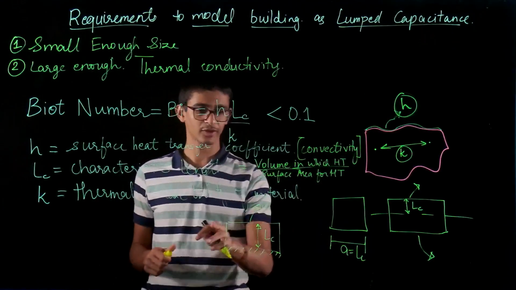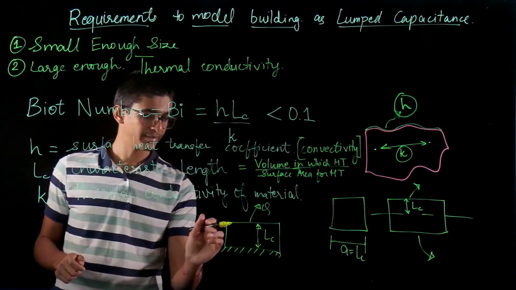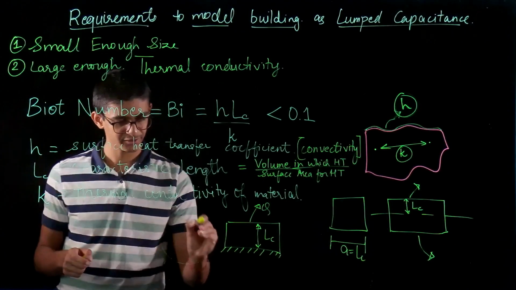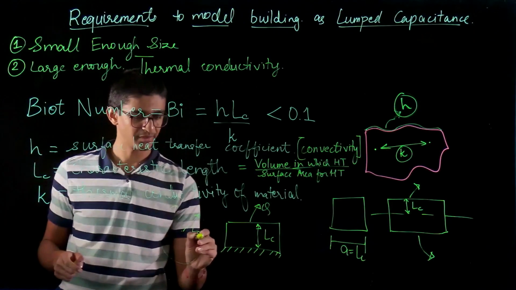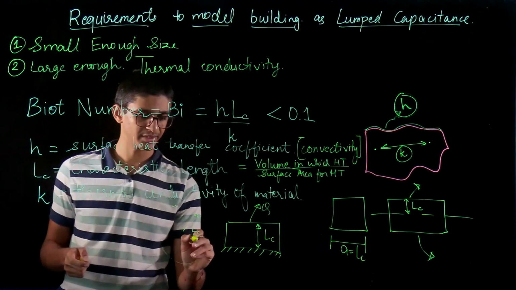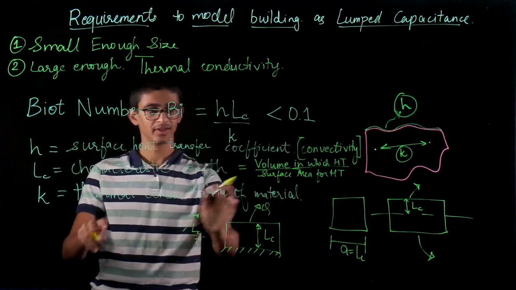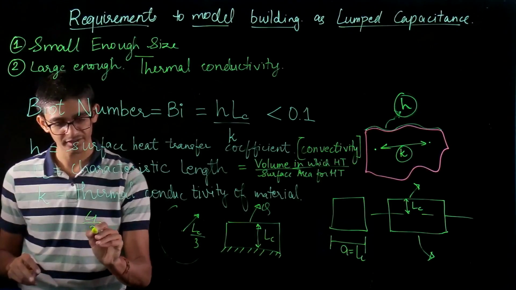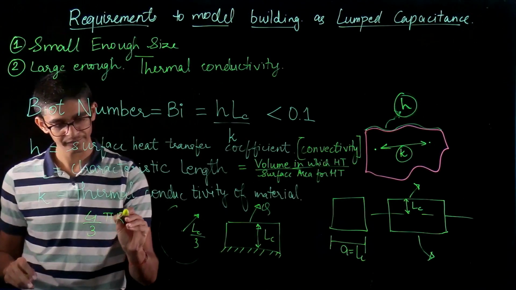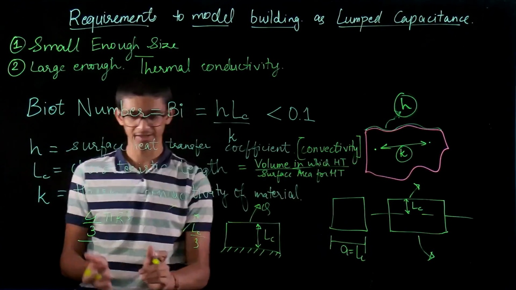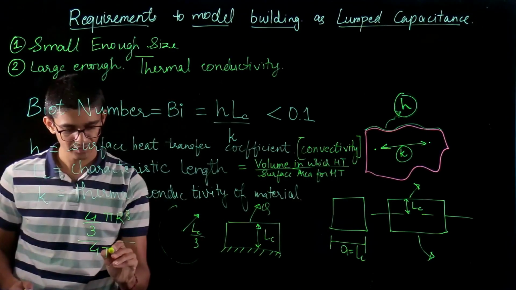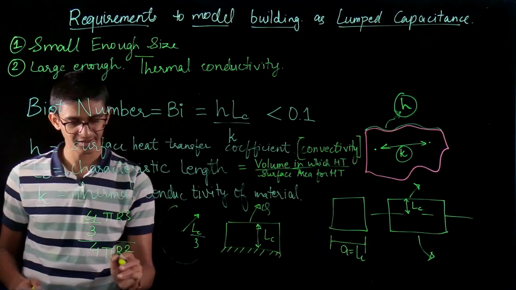So for a sphere also it can be very easy. The formula would be 4/3 pi r cubed, and if the heat transfer is happening from all the surface area, then we know the surface area is 4 pi r squared.